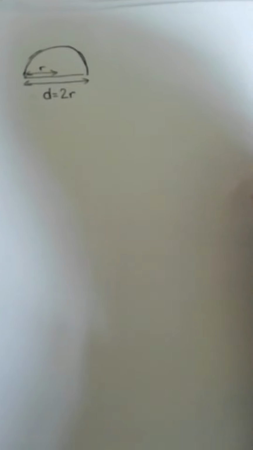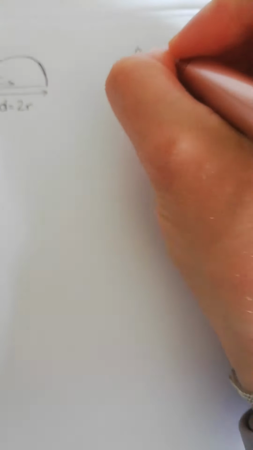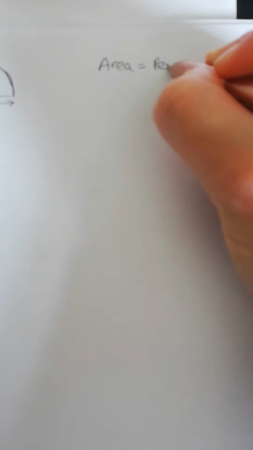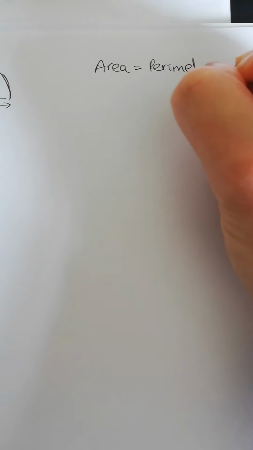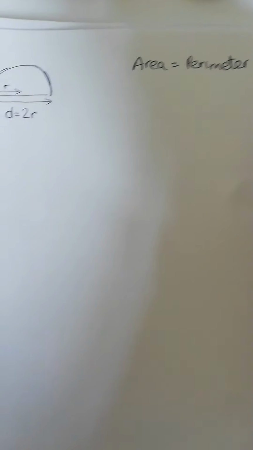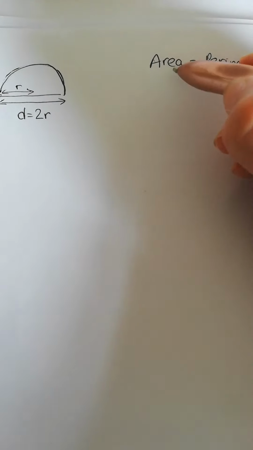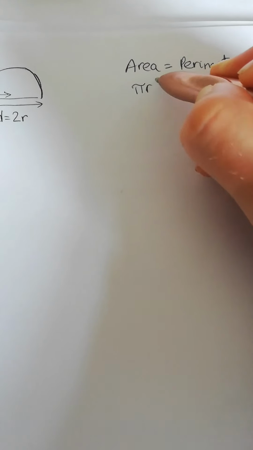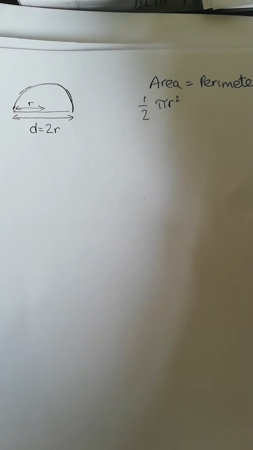Okay, we're also told in the question that the area of this shape is equal to the perimeter of this shape. So that's what we know. Now, it's a semicircle. The area of a circle would be pi r squared, but it's a semicircle, so we're going to have a half of pi r squared for its area.